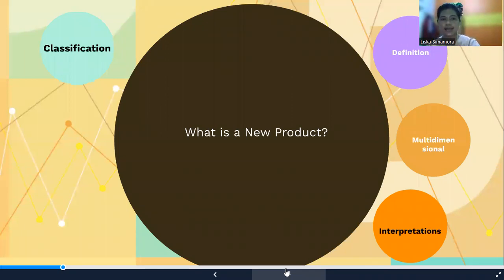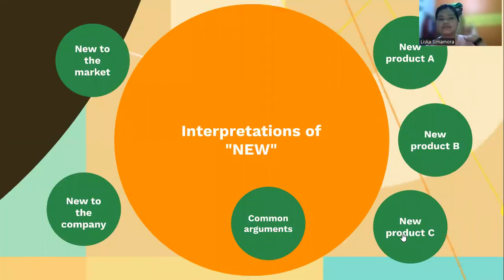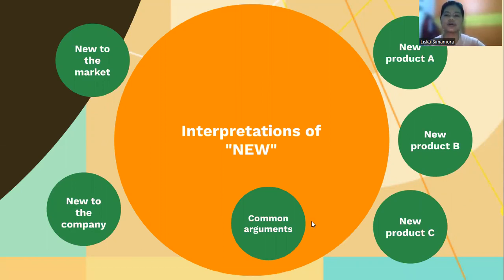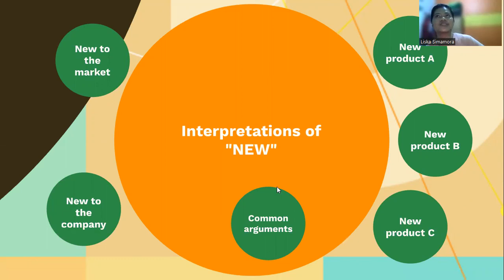Next, let's see the interpretation. It has the interpretation about new product A, new product B, new product C, and also we have to see the common arguments about the definition of new product.